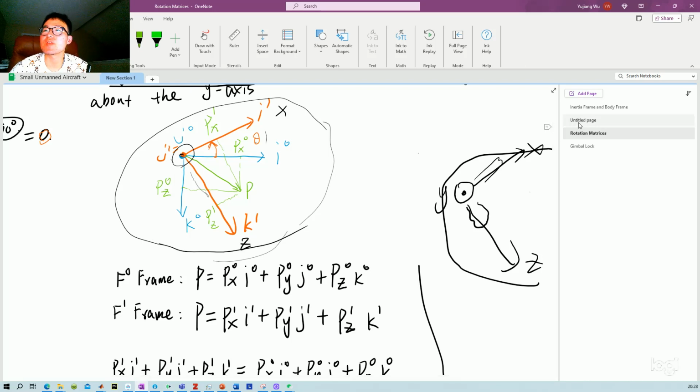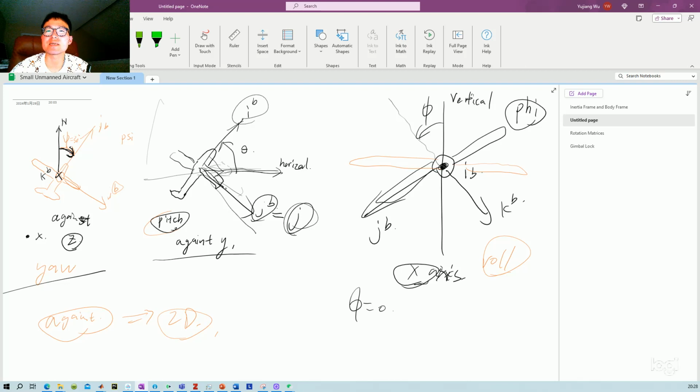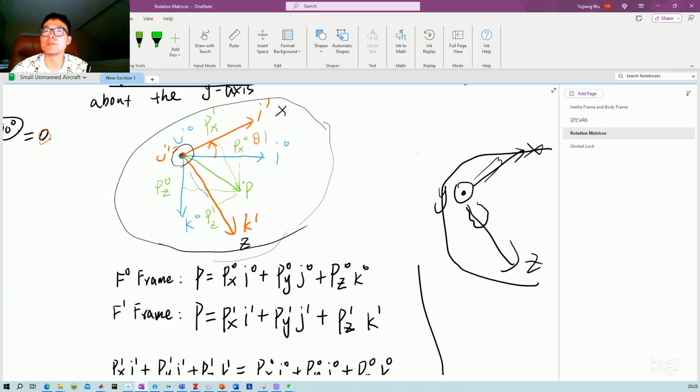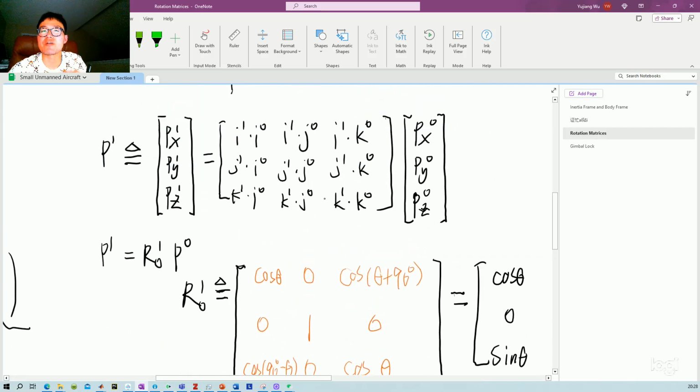We did the same thing. We rotate against the y-axis, right? And that is why this is matching the derivation here.